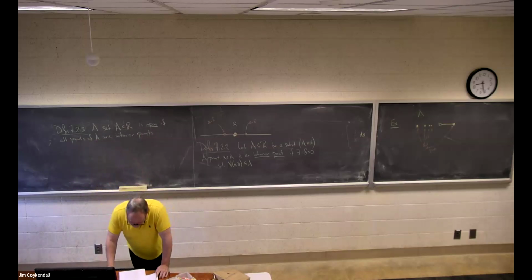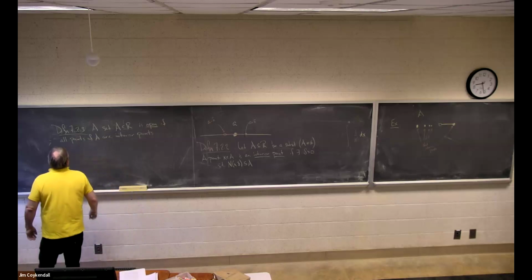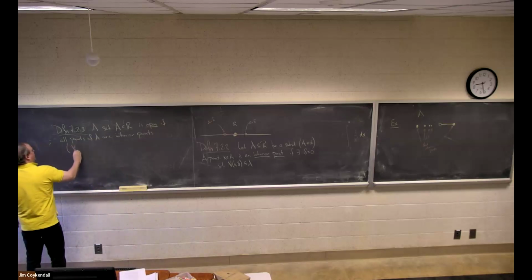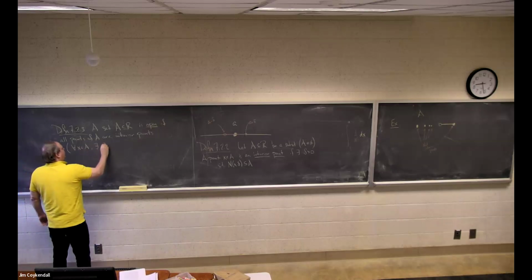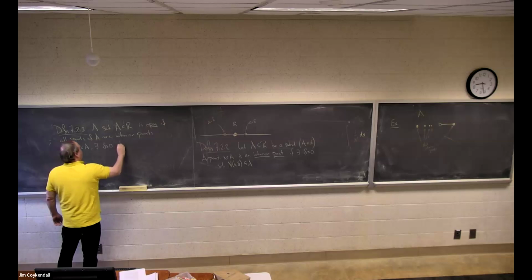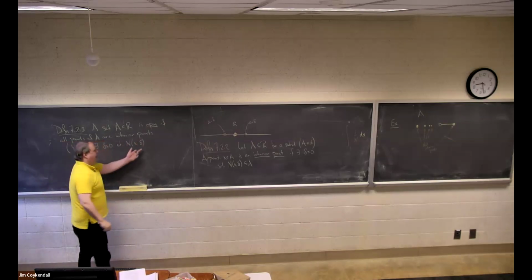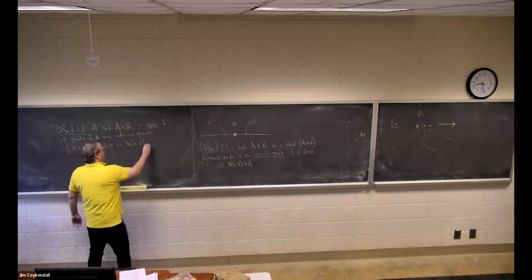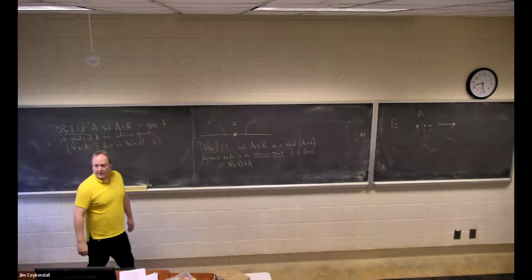That is, for all X in A, there exists delta bigger than 0, such that the neighborhood of X for small enough delta is contained in A. Everybody okay?